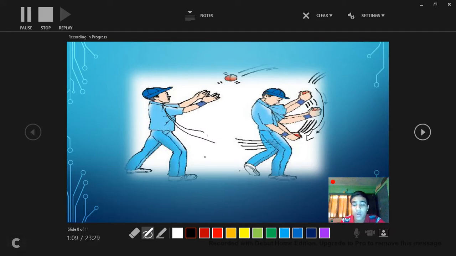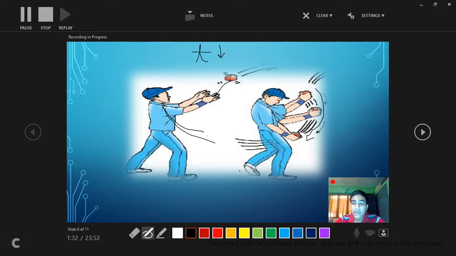Not up, they are putting it down. Why? In this case, the time for the ball to reach the hand is very less. T is less. So, if rate of change of momentum is directly proportional to force, okay.